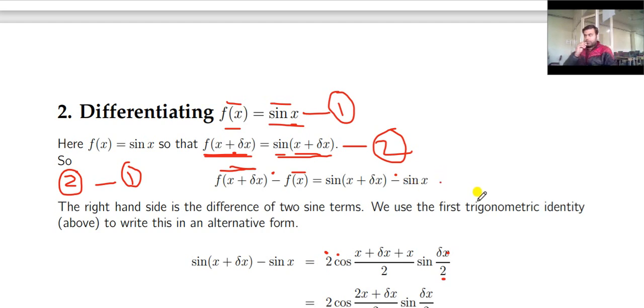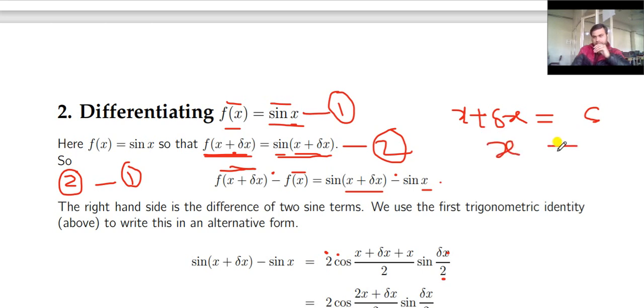Now we solve this equation. Here we assume x plus dx is equal to c, and x is equal to d. So this becomes sin c minus sin d.